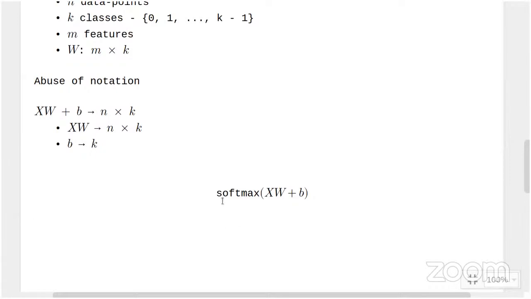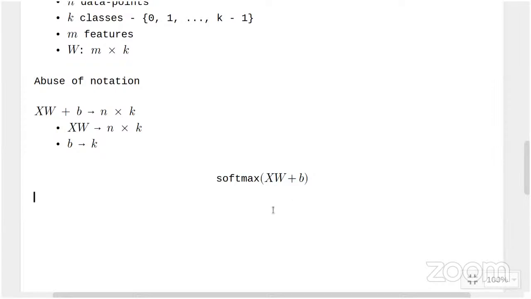Okay, so the softmax now is going to happen across the columns, right? If you think about it, the whole thing is n cross k. So softmax of xw plus b for each data point should return a vector of k probabilities, a k-dimensional vector for each data point.